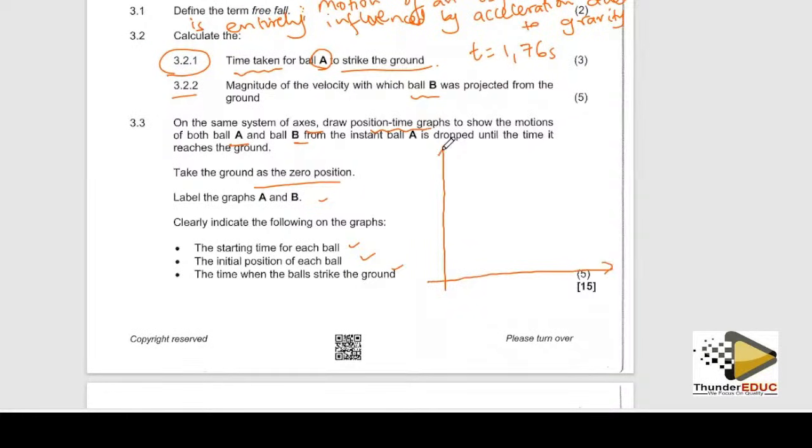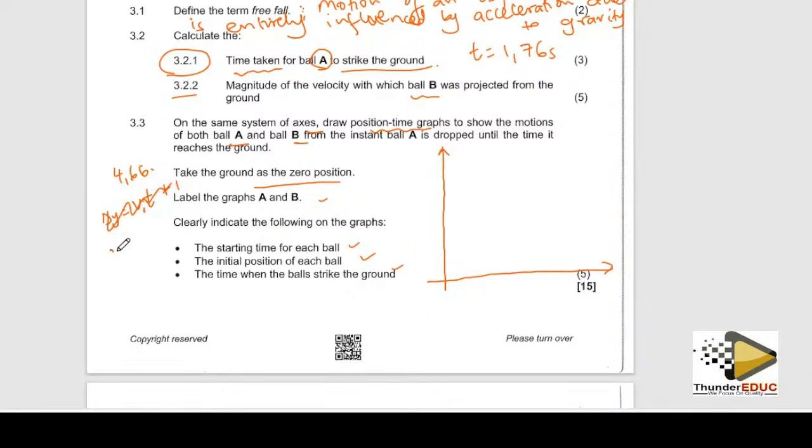Let's see. With the initial velocity of 4.66, how far is the object going to go? Let's say I'm looking for the maximum height. So delta y is equal to vi delta t plus a half. Does that make sense?